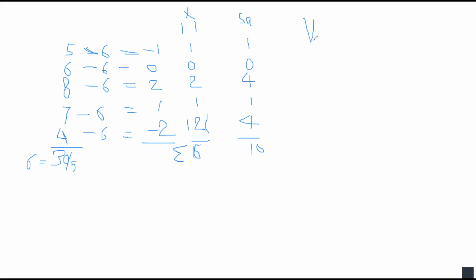Variance equals 10 divided by n. What is n? How many values do we have? 5. So n equals 5. What is the variance?